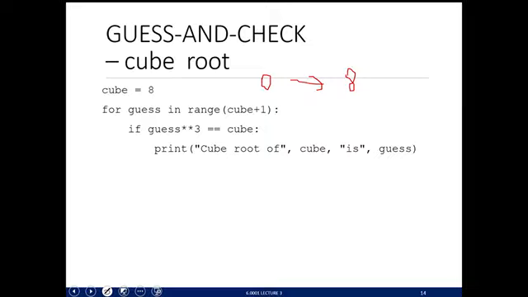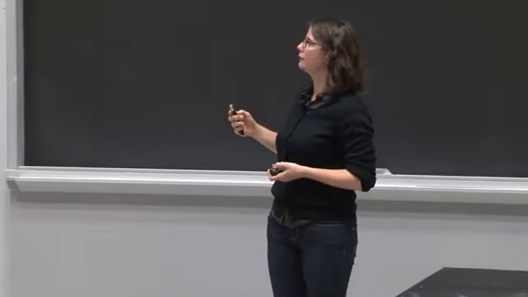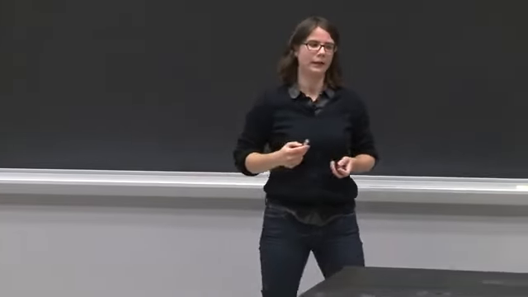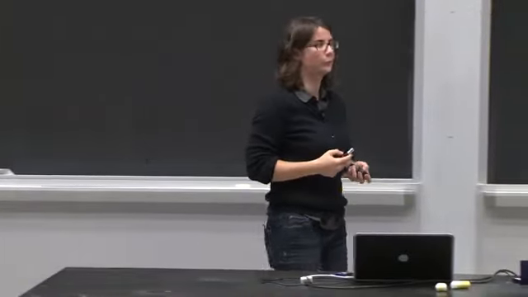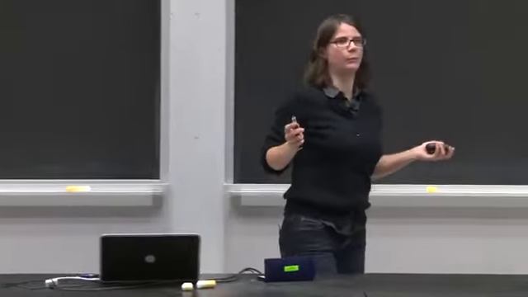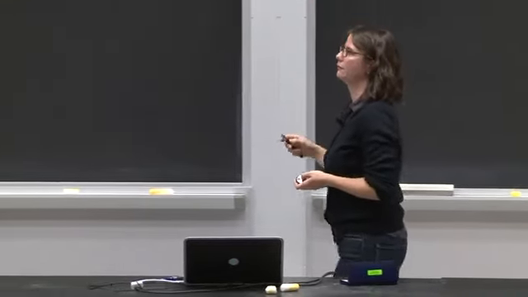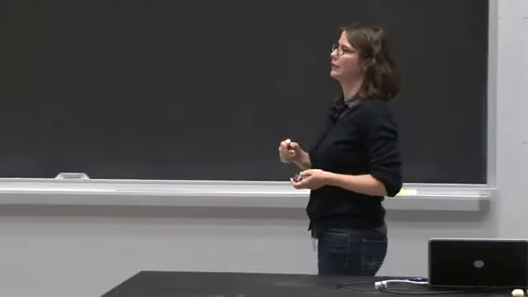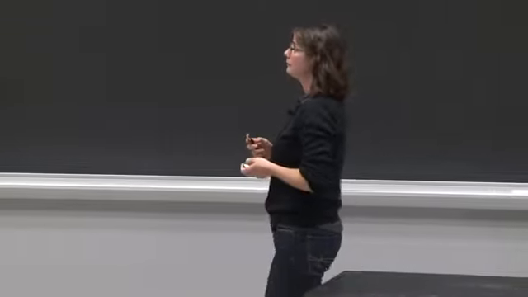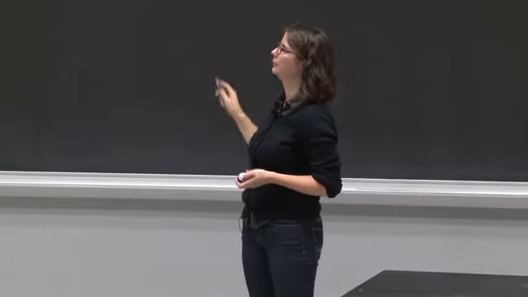And if it is, I'm going to print out this message. Okay? Pretty simple. However, this code is not very user-friendly, right? If the user wants to find the cube root of 9, they're not going to get any output. Because we never print anything in the case of the cube not being a perfect cube.